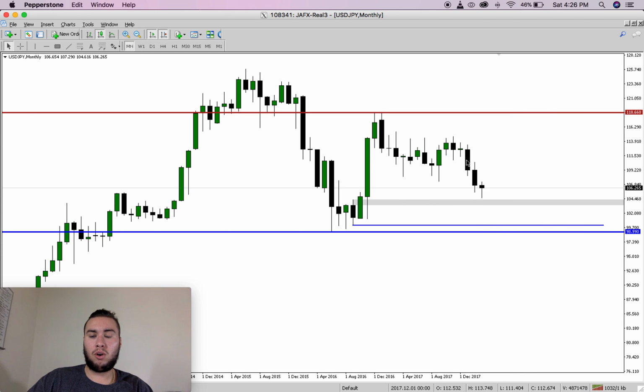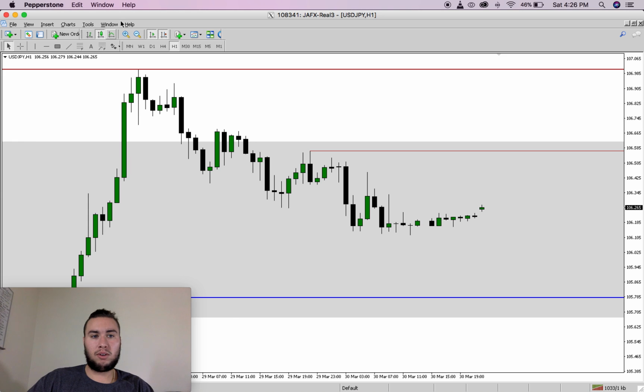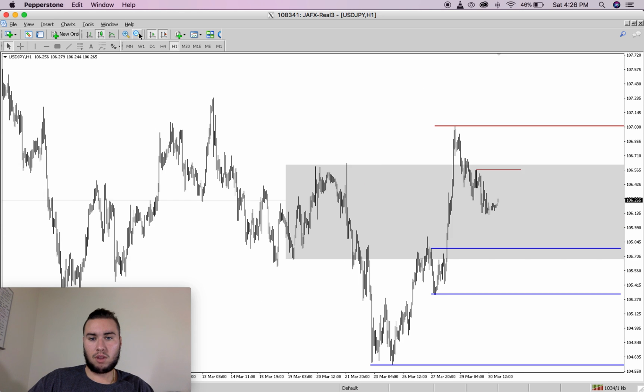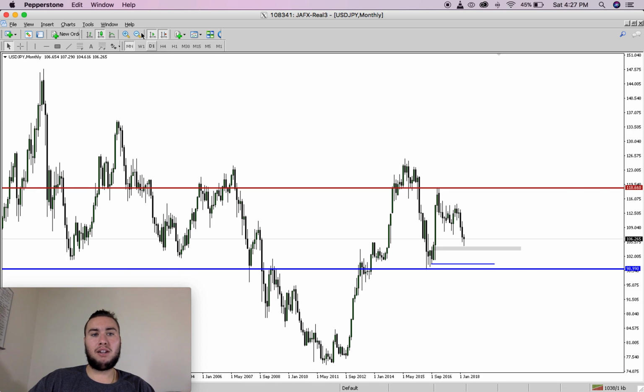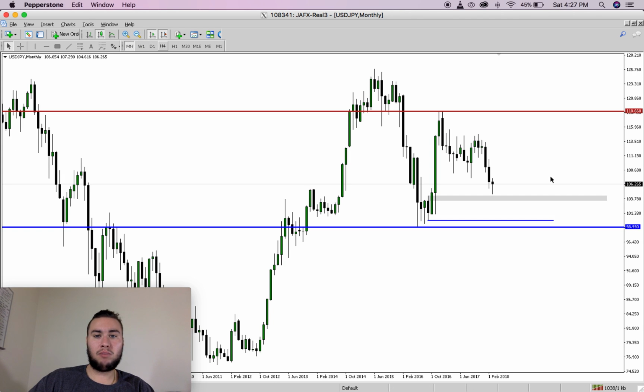Because how would we know, if we're looking at a 1 hour time frame, this looks like it's very bullish, right? Like, we're just seeing massive moves up. But if we look from the higher time frame, we're technically still bearish, because we had the high, low, lower high. We're still technically expecting a lower low.